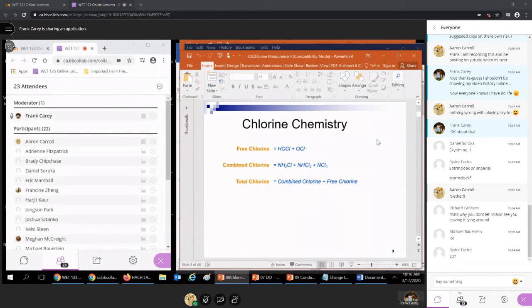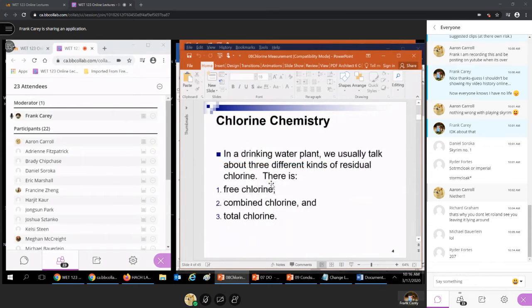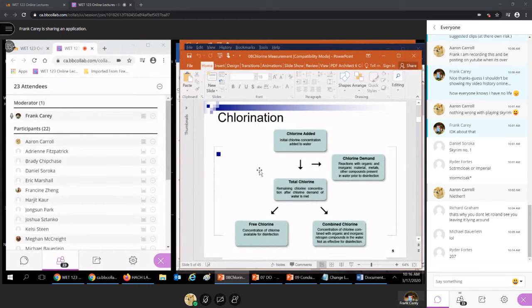So we all know that there are three main forms of chlorine. There's the free chlorine, combined chlorine, and then the combination of both of these makes total chlorine. So from the instrumentation point of view, this is all we care about.